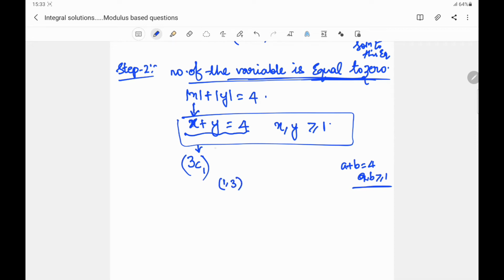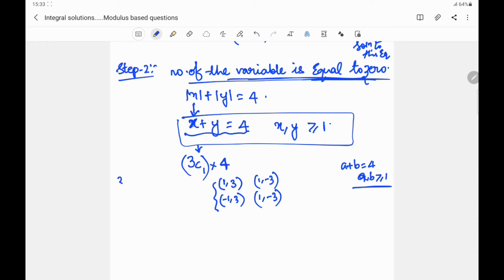Because here we are dealing with modulus, it can be minus 1, 3, or else 1, minus 3, or else minus 1, minus 3. So there will be 4 cases for each particular solution. So that's why we need to multiply it with 4.